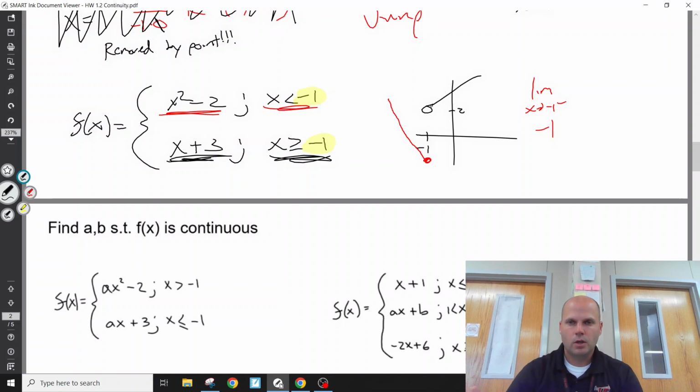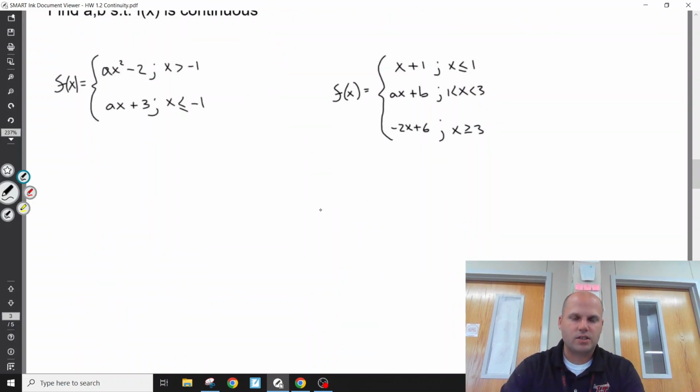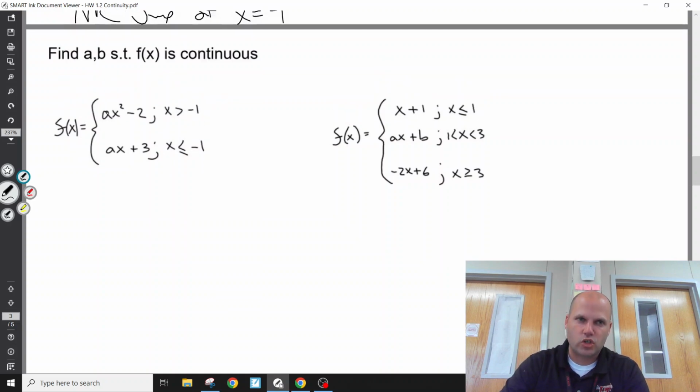That's a jump. We have a non-removable jump at x equals -1. What do we pay attention to? The fact that we're going to leave one and pick up another at a specific x value.